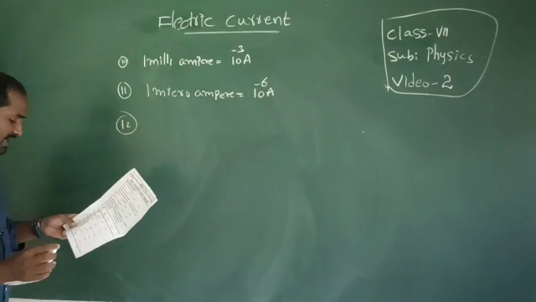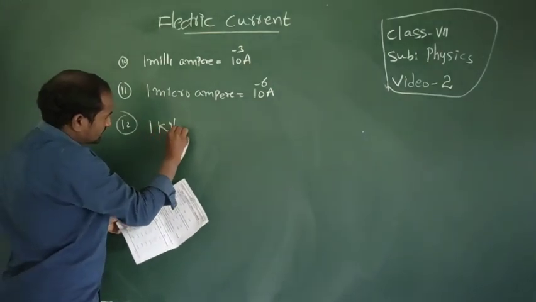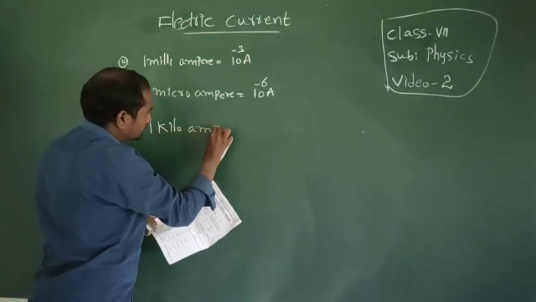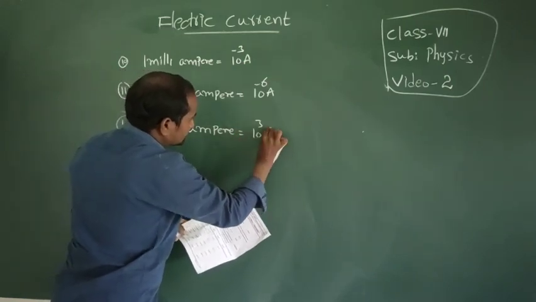12th one, options are random. 1 kilo ampere equal to 10 power plus 3 amperes.